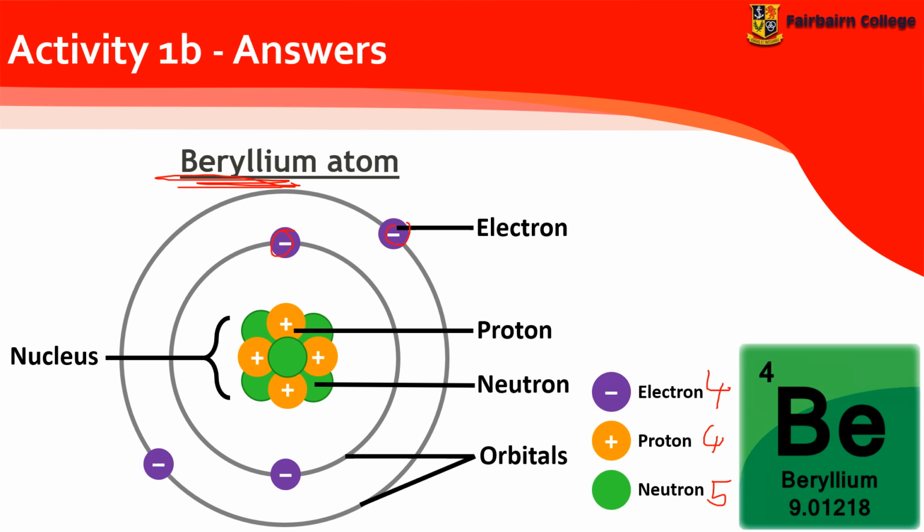So make sure your drawing has these same numbers of subatomic particles, and if you got it wrong, you're going to have to go back to the previous video and look at our analysis of the periodic table and make sure you know how to use these numbers. Because if you don't know how to use them, the work going forward is going to be quite difficult for you to complete.